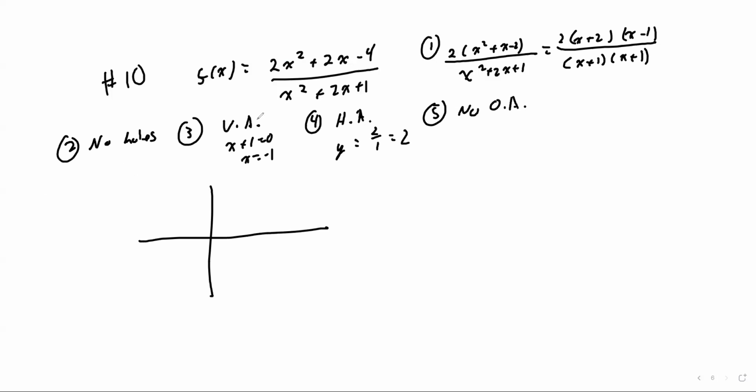So again, I'm going to start with some things I know. So here's -1. Here's my horizontal asymptote. So again, I'm going to choose numbers left and right to see if it's greater than or less than 2. So here we go. I'm going to choose f of -2. It doesn't matter which one you use, whatever's fastest for you.